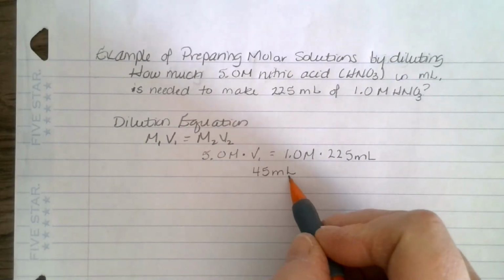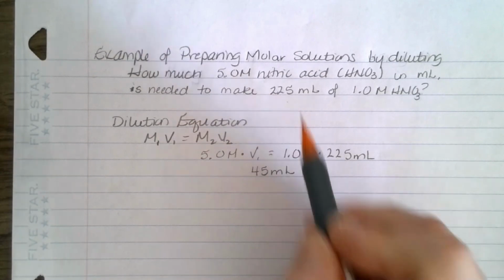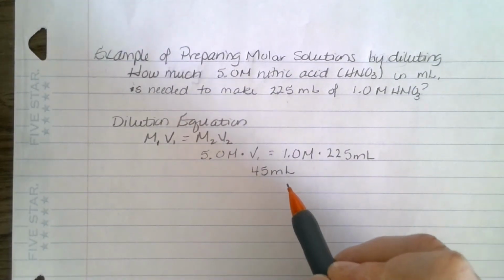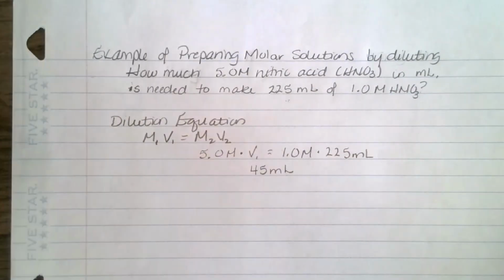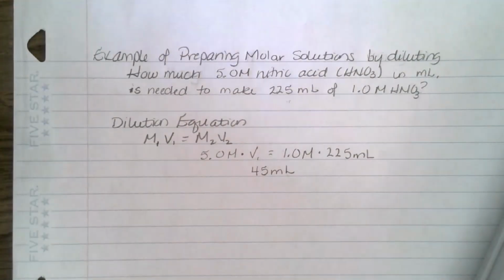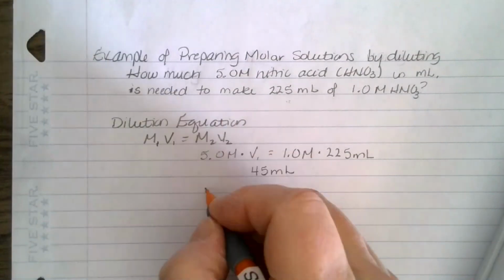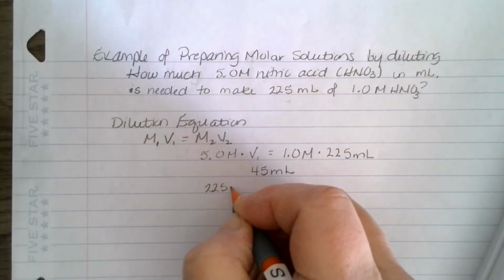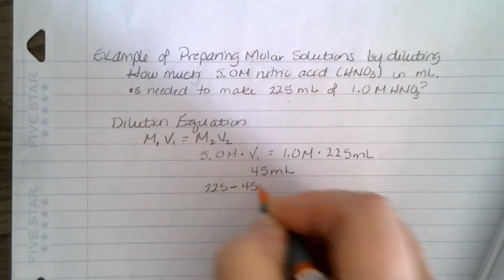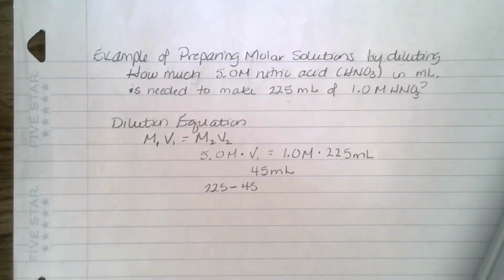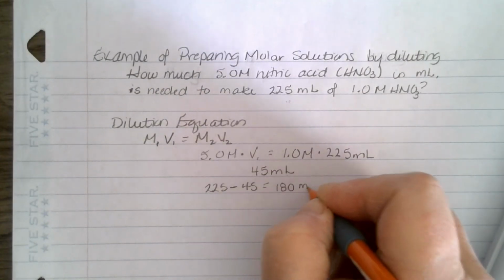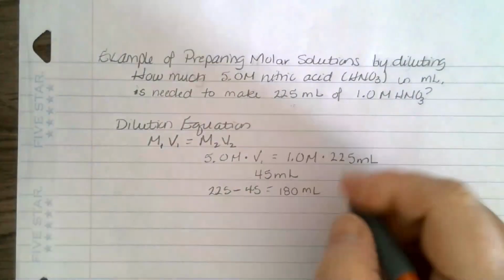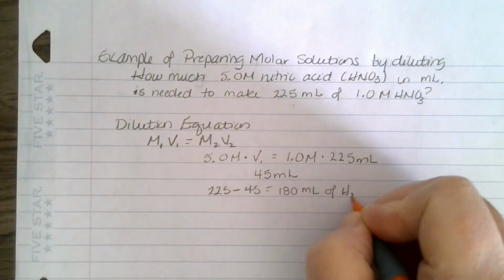of this added to that to make this. So if I have 45 milliliters and I want to make a 225 solution, I would take the 225 minus the 45, which would be 180 milliliters of the water.